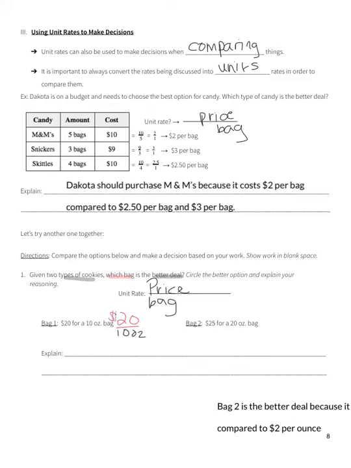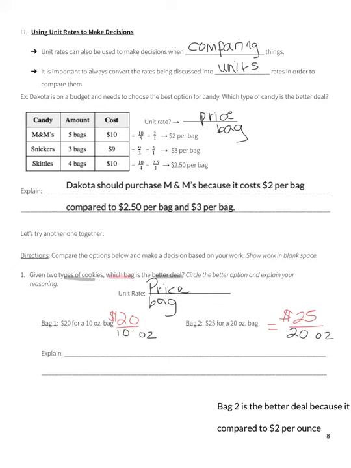Okay, now we go over to this one, and the price for this is $25 for 20 ounces, okay? This is ounce. This does not say 100. I will make sure I fix that so you can tell what it's supposed to say. So this is ounce. Perfect.